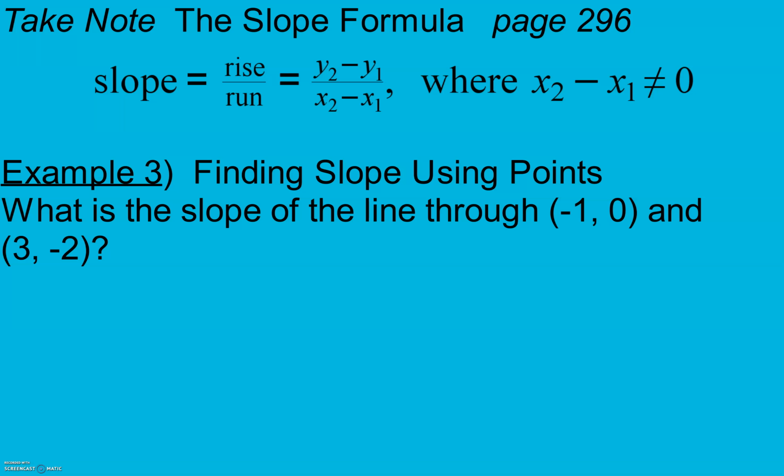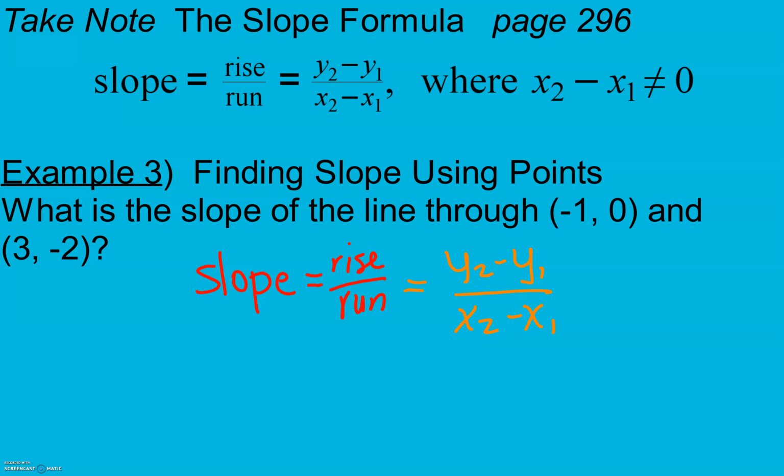So here, to find our slope, it's our rise over run, which, since we don't have a graph, is going to be our change in y's over our change in x's.